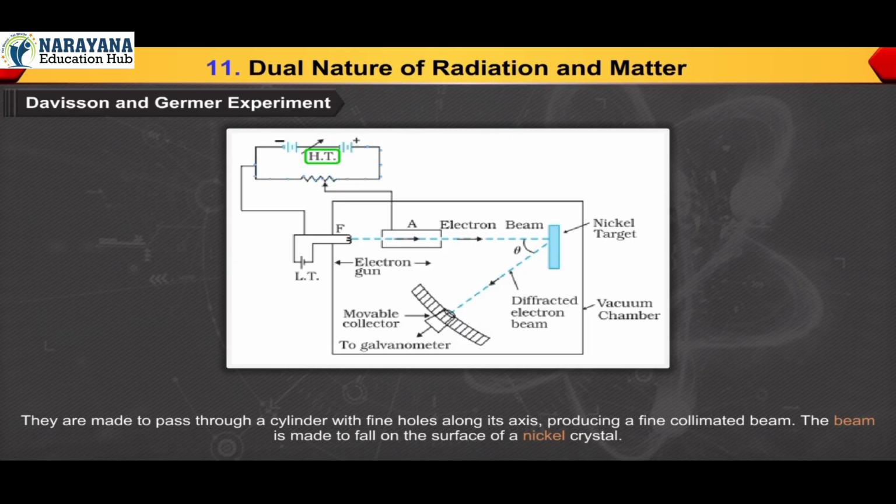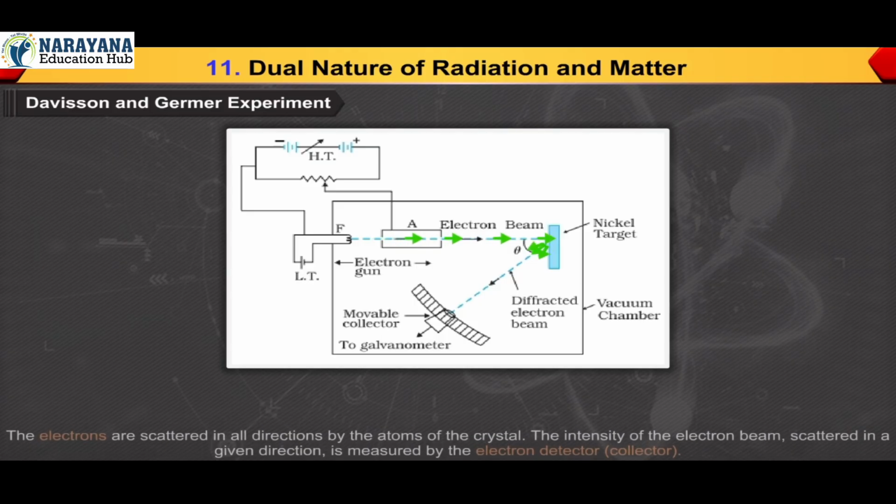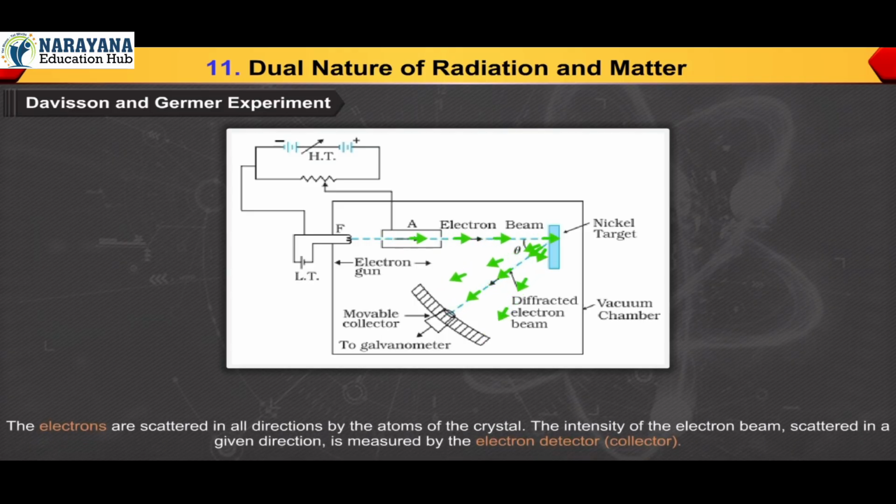They are made to pass through a cylinder with fine holes along its axis, producing a fine collimated beam. The beam is made to fall on the surface of a nickel crystal. The electrons are scattered in all directions by the atoms of the crystal. The intensity of the electron beam scattered in a given direction is measured by the electron detector, that is collector.